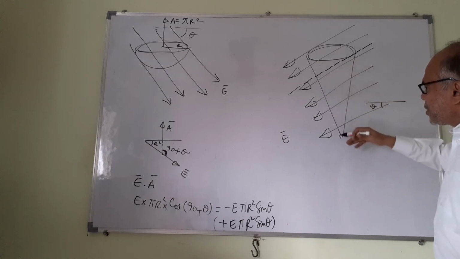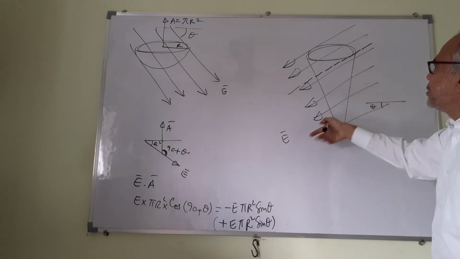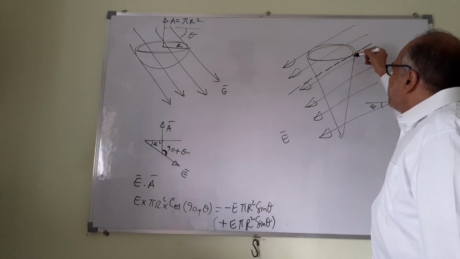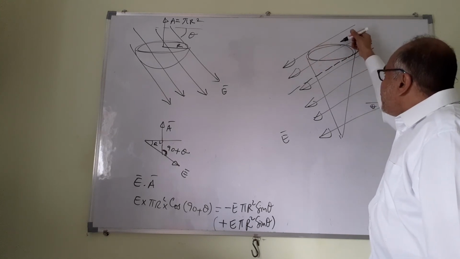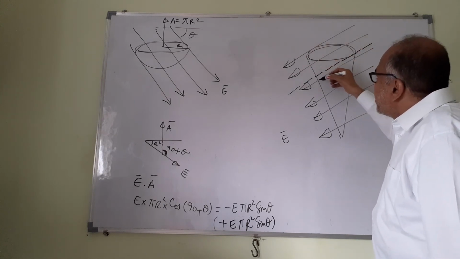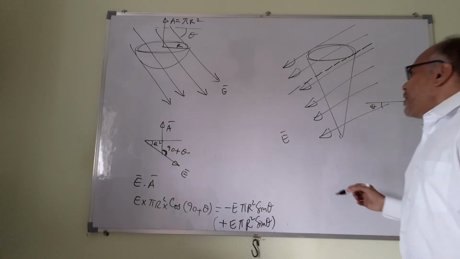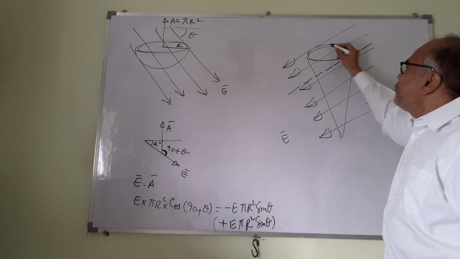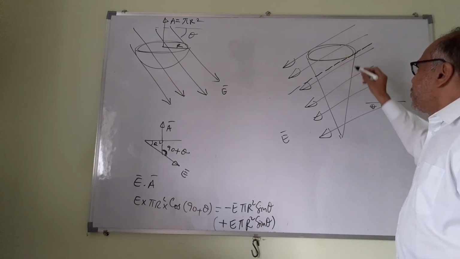In this frustum of the cone, whatever is entering is leaving. We close it with a flat surface, and whatever is entering the flat surface is leaving the curved surface. So again here, to find the flux through the curved surface of the cone, we only have to find out how much is the flux through the flat surface.